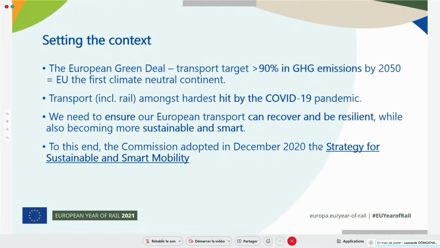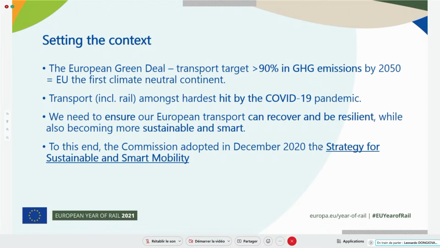I think one point we should never forget is that it's true that there were and there are still economic consequences from the COVID pandemic, but we should not underestimate the role that rail and the other modes had to fight the pandemic, especially in the first part of the lockdown.